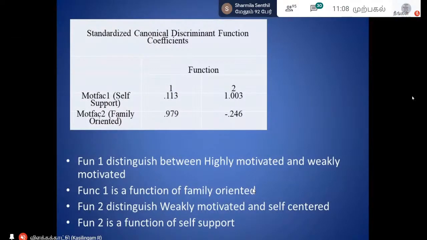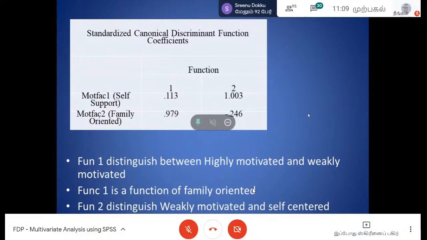I will ask them their level of family-oriented motive. If they have a higher level, I can tell they are highly motivated. If they have a lower level, they are weakly motivated. This is discriminated by function 1. Function 1 is a function of family-oriented.